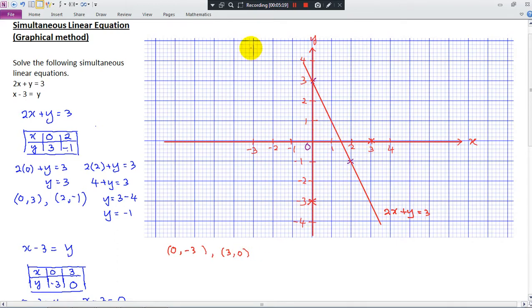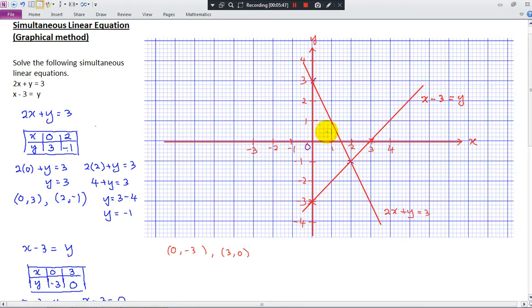Okay, just connect these 2 points together. After drawing the graph, label it. This is x minus 3 equal to y.